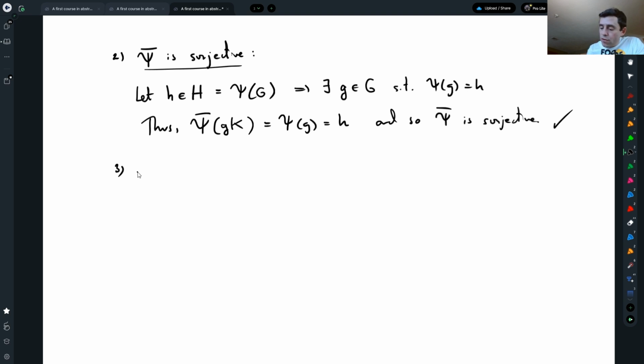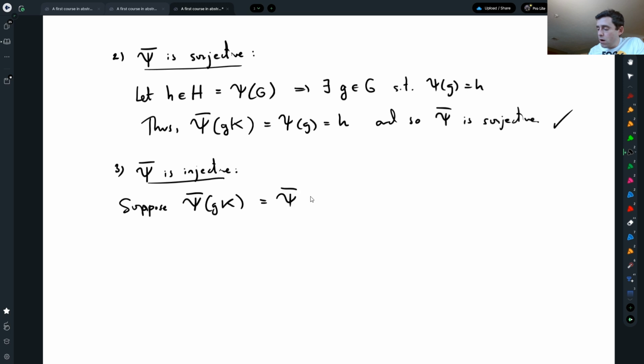Okay, so that's done. Now I want to show that psi bar is injective, to show that it is in fact bijective. So now suppose that psi bar of gK gives me the same as psi bar of some other coset, g prime K, for some g and g prime in G. And I want to show that those are actually the same coset.